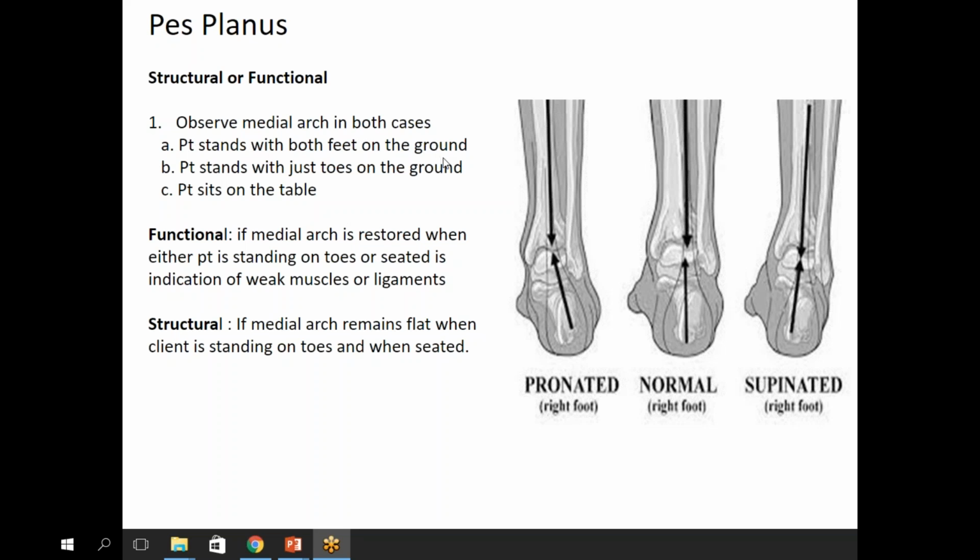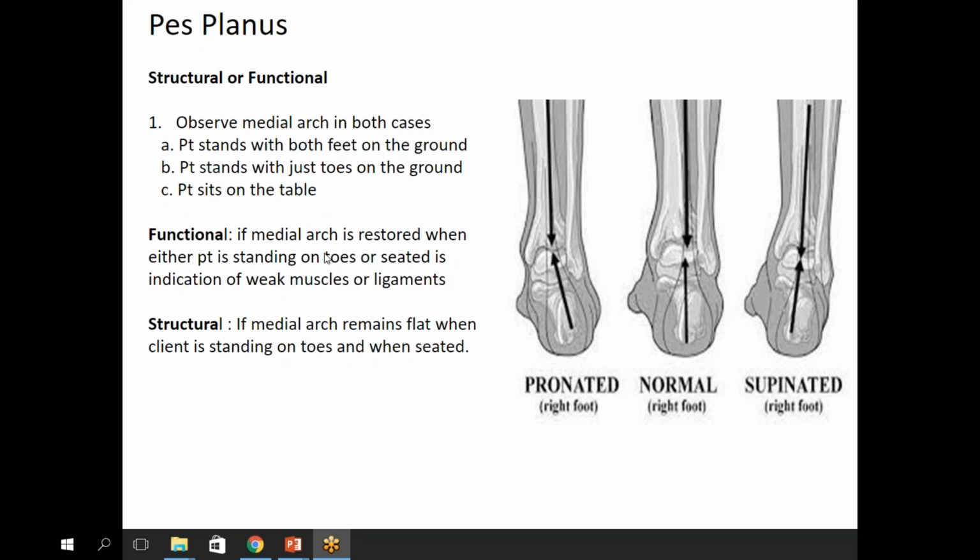Then they also stand with just toes on the ground. They stand on their tippy toes for a minute. They lean over and hold a bench or something so they can stand there for a second. And then the other one, the patient sits on the table. The 3 different things you'll be looking at, 3 different positions, and you'll be doing it from behind normally.